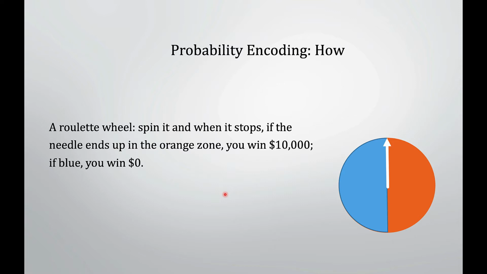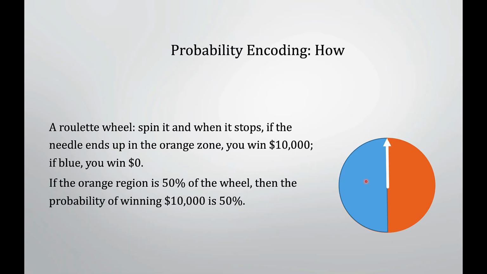Okay. And here I'm showing you a special roulette where the orange color takes exactly half of the space, and the blue color takes the other 50% of this roulette, of this pie. That means you have a 50% chance for the white needle to rest in the orange region, and you have a 50% chance that the white needle will stop in the blue region.